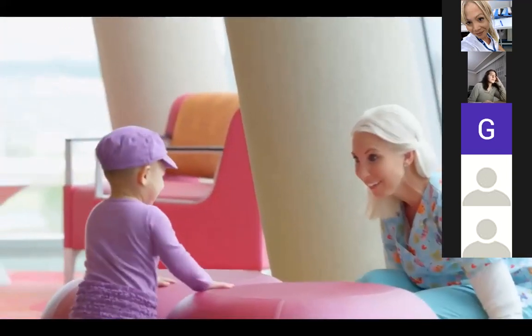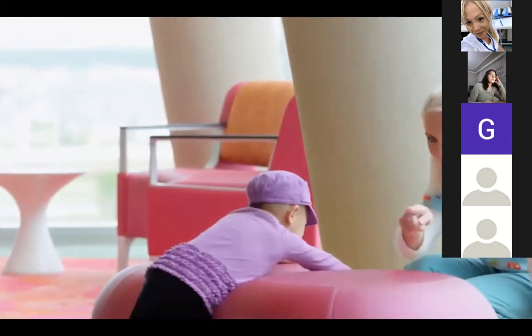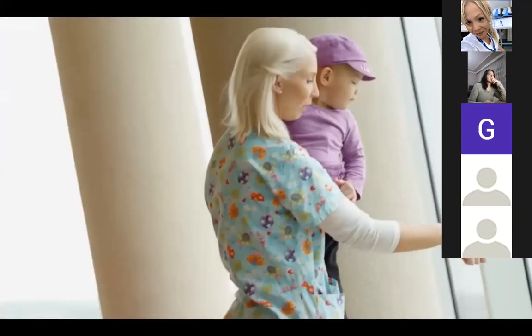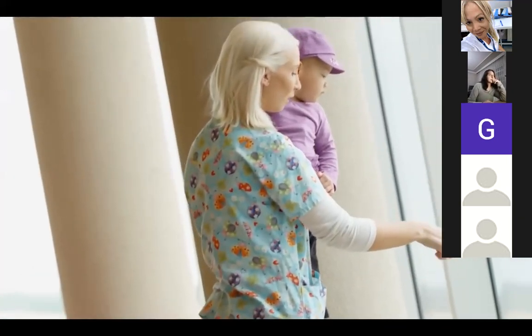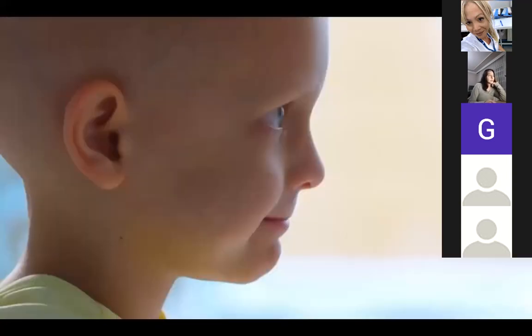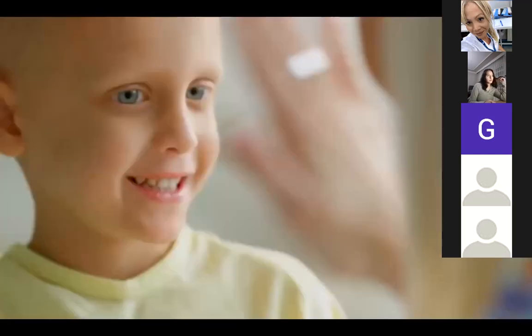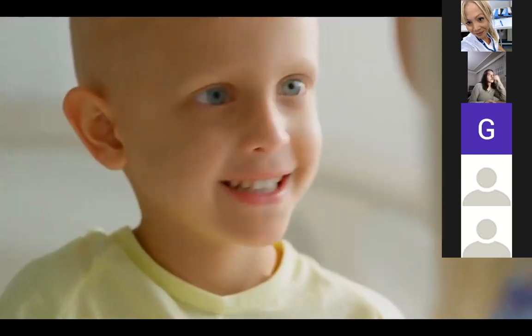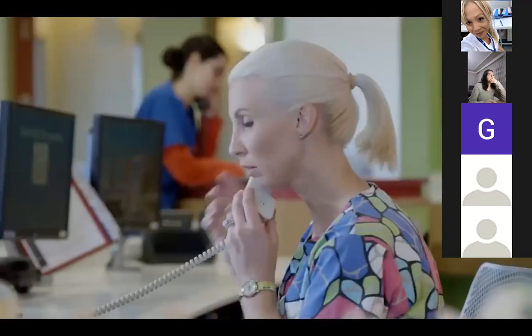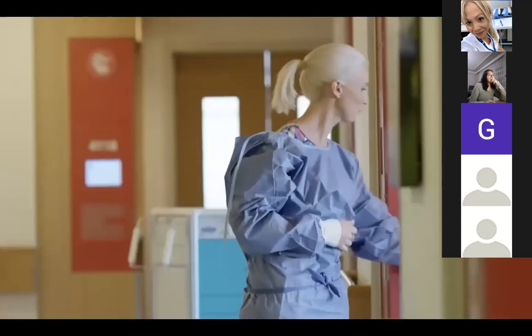The number one thing I hear about my career is, I don't know how you do it. And I remind myself that the patients that I take care of are going to go through this regardless of whether they have a nurse that is supportive or not. And I want to be the person that makes this experience for them better than it could be. As an oncology nurse, we are multitasking every second of the day.